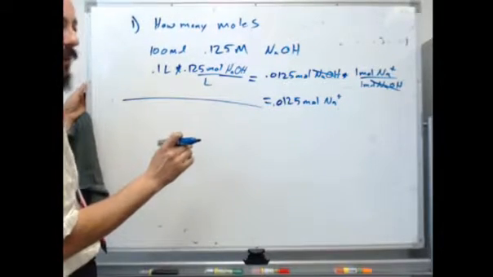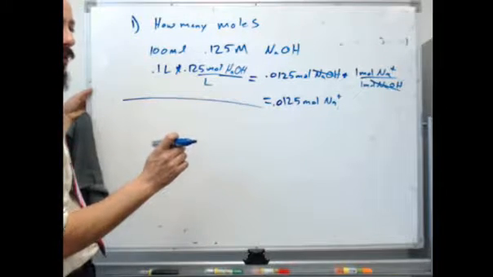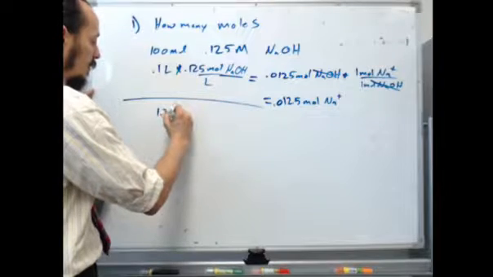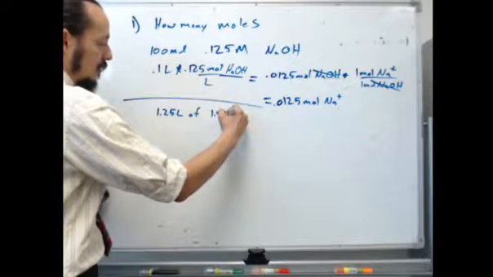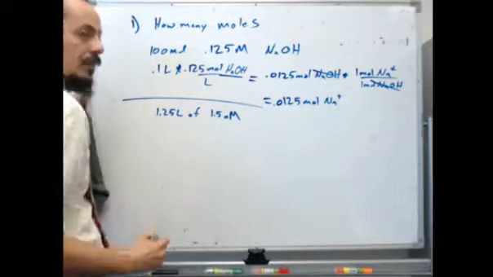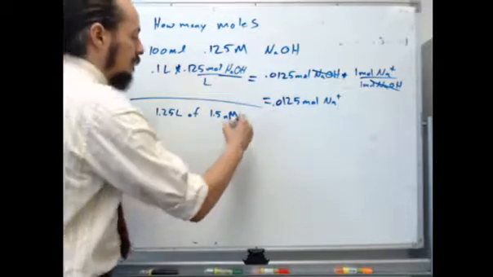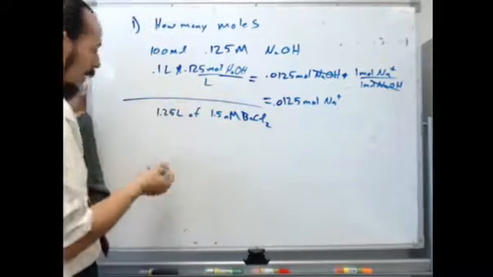What does the problem give you for doing that? It says 1.25 liters of 1.5 millimolar. Little m? Yeah. Okay, and then barium chloride. So we do the same thing.